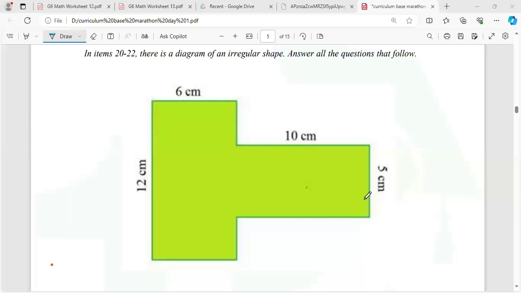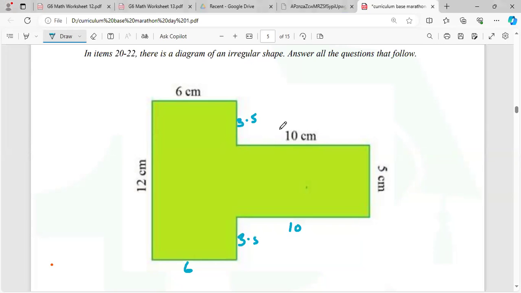All right. Okay, so find the area. To find the area, you have to put back the numbers that were already there. So the opposite side from 6 is 6, and the next one is 3.5 and 3.5 and 10. Now, you're going to find the area of an irregular shape.